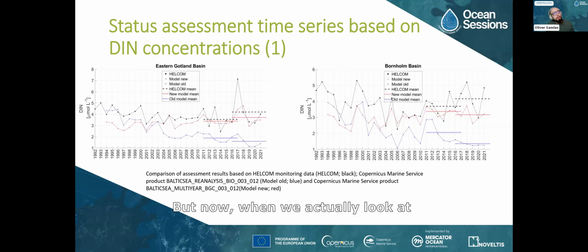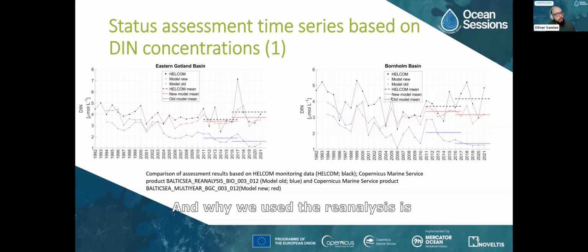But now, when we actually look at the concentration values or the indicator values at the end, we were also able to do a comparison with 2 different products, because 2 years ago, I think, the production team behind the reanalysis changed in Copernicus, and we used both of them.